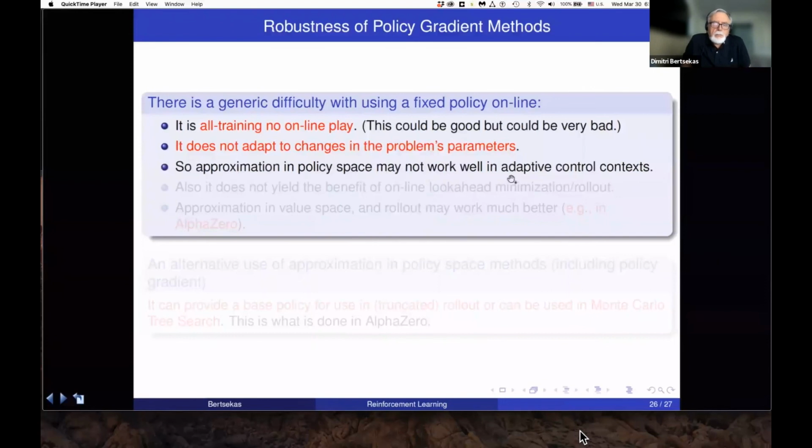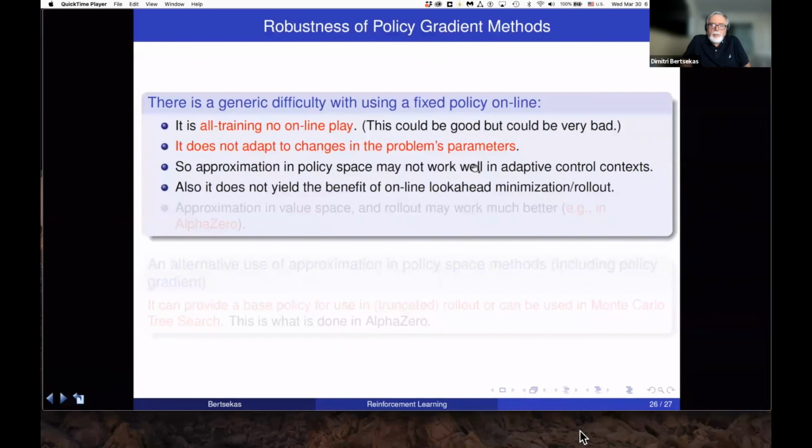So if you have an adaptive control context where the system parameters change with time, then a policy gradient method is not very good because it is going to encounter a system that it has not met before, through these parameter changes. Moreover, one of the disadvantages of using a fixed policy online is that you do not get the benefit of online look-ahead minimization and rollout.